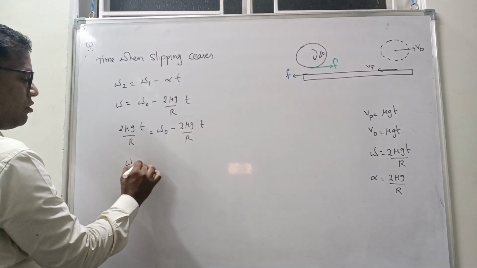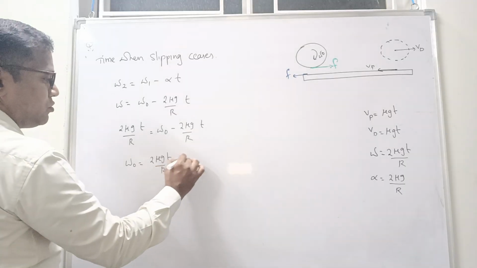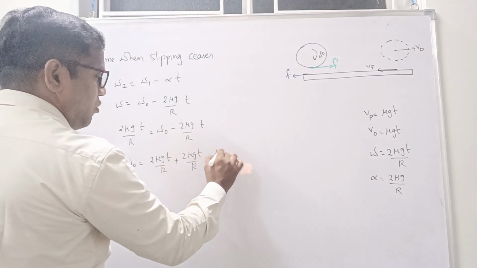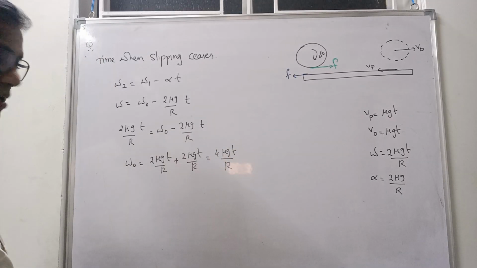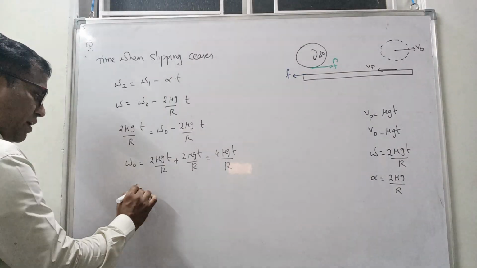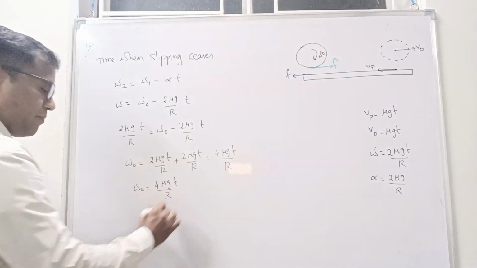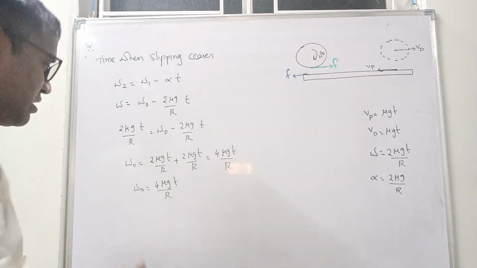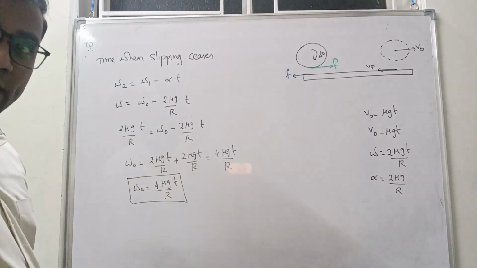So omega naught is equal to 2 mu g t by r plus 2 mu g t by r, which is equal to 4 mu g t by r. So omega naught is equal to 4 mu g t by r. I will keep this in mind. Clear? We have to keep it in our mind.